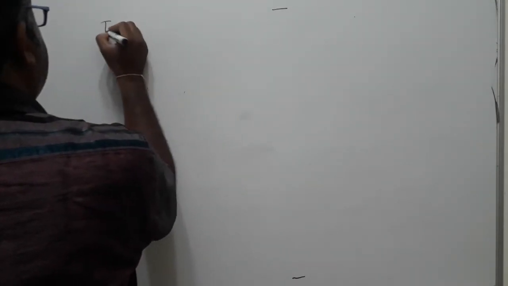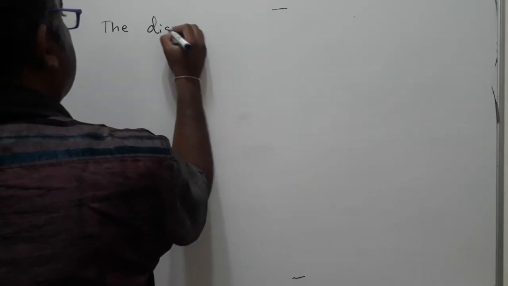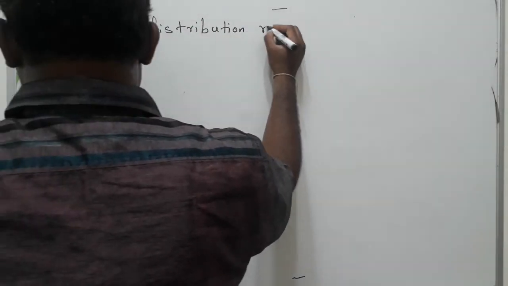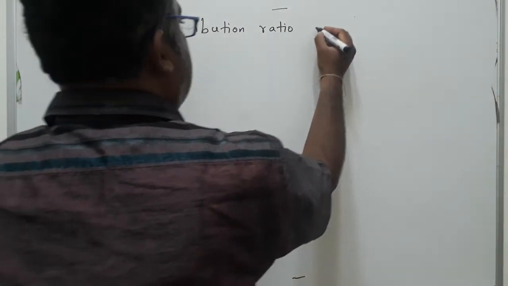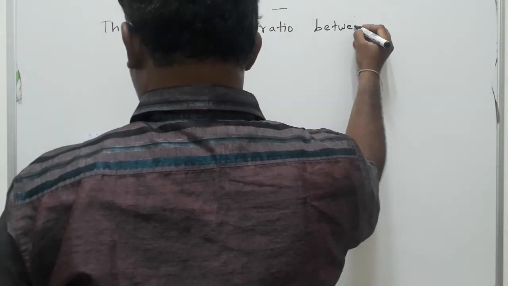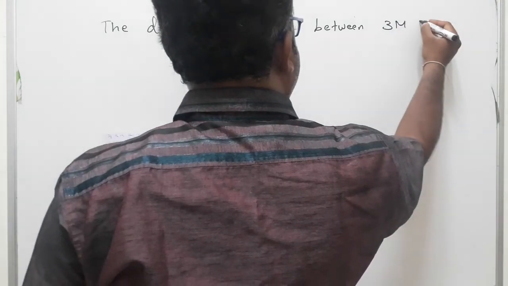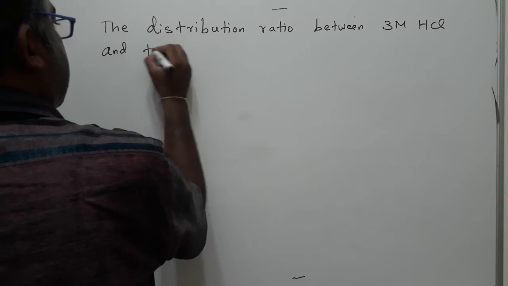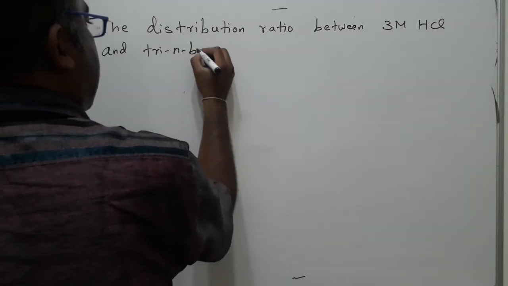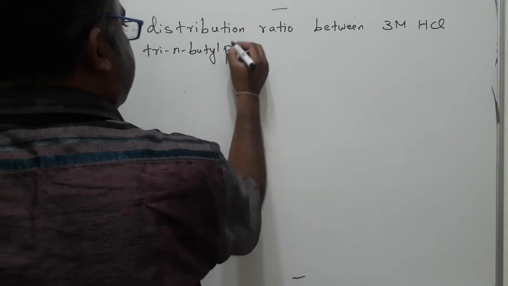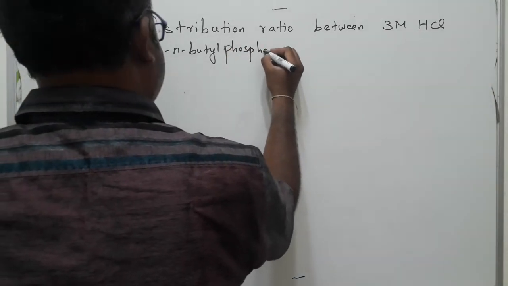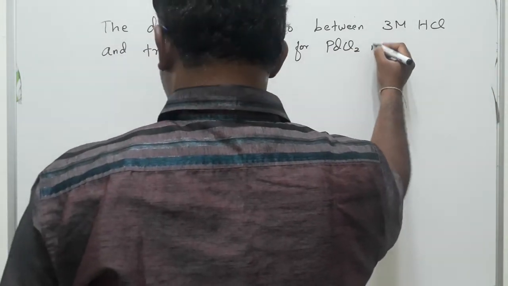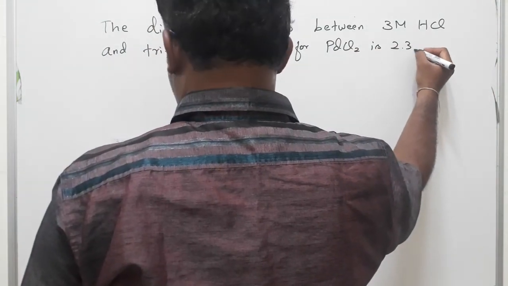The distribution ratio between 3 molar HCl and tri-N-butyl phosphate for palladium chloride is 2.3.